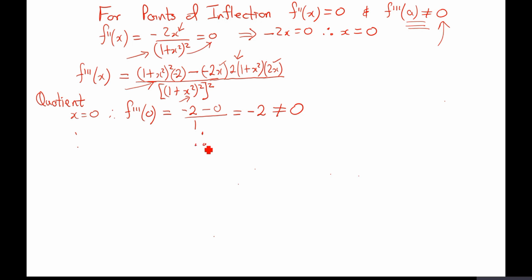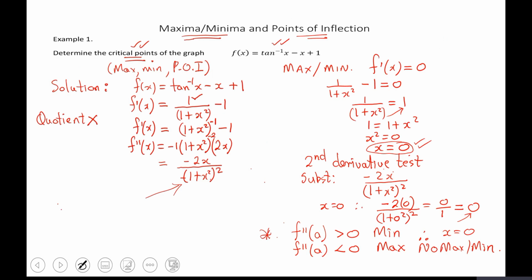Therefore, my deduction is that the value where the second derivative is equal to 0, which is 0 in this case, is a point of inflection. So in this example, I tried to show you the theory and the concepts related not only to finding the maxima and minima, but also the corresponding tests that we have to do.